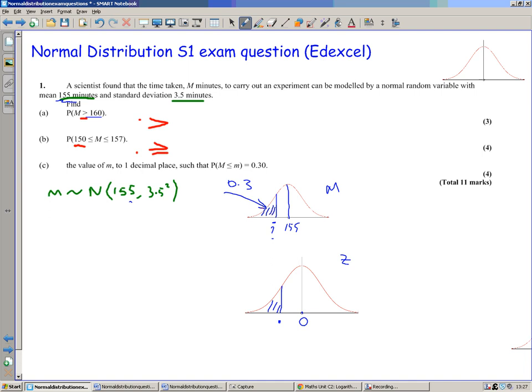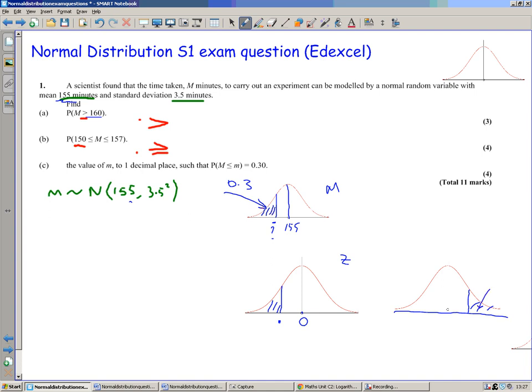Now, when we're looking at the z thing, we almost want to find what the exact opposite is, what the positive number is here. Do you get what I mean?